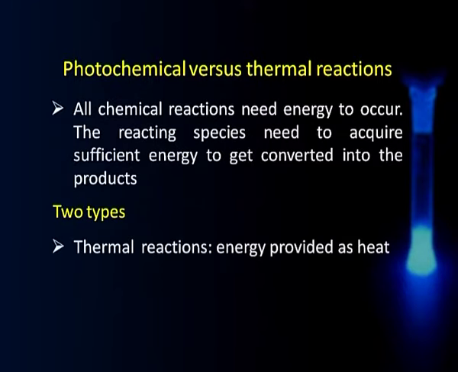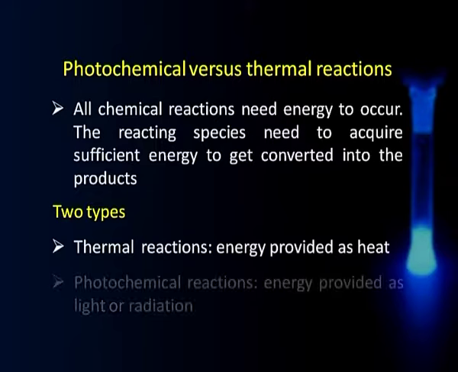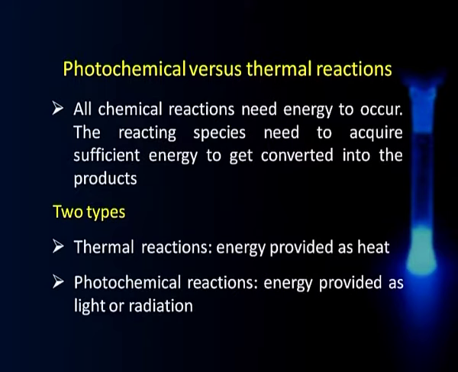One possibility is what we have typically been doing all this time, the thermal reactions. This energy requirement is met by providing some kind of heat. The second possibility, in the case of photochemical reactions, is that energy is provided as light or radiation, by which the reactants acquire energy and then go on to the products. So, that is the defining part of photochemical reactions and thermal reactions.